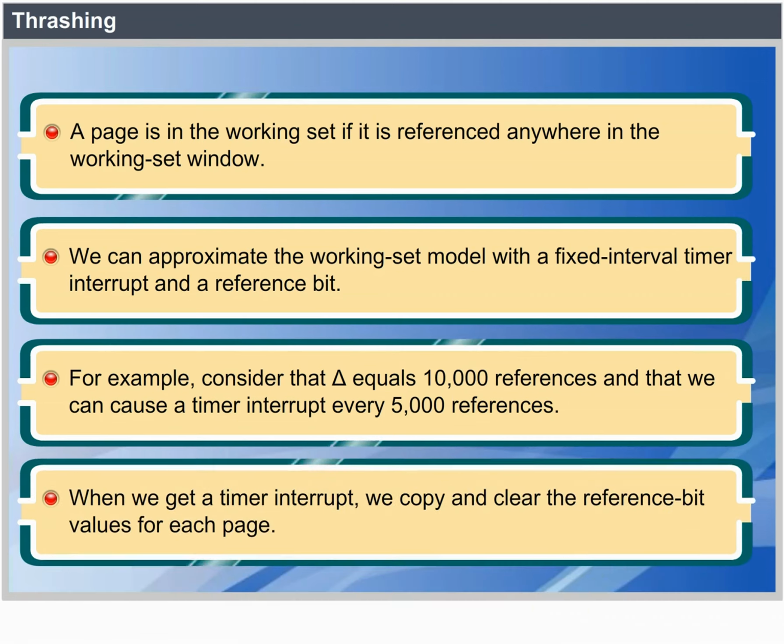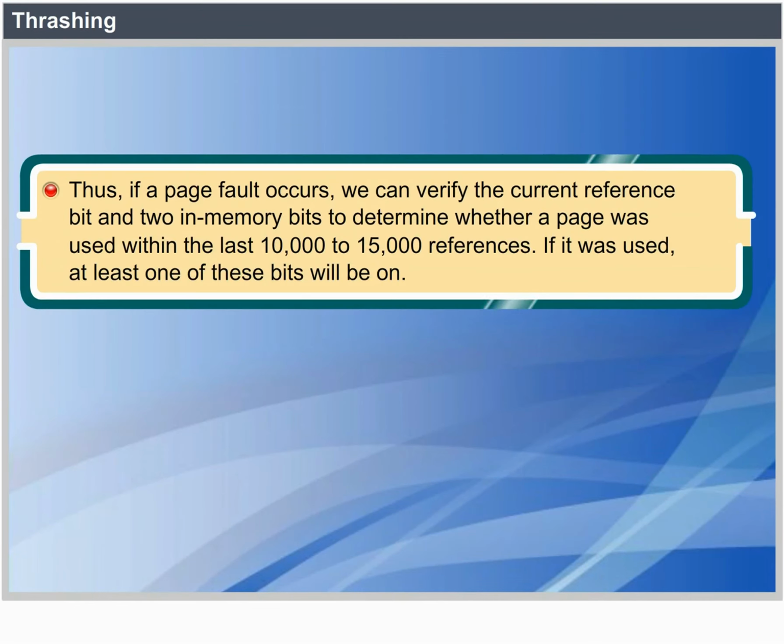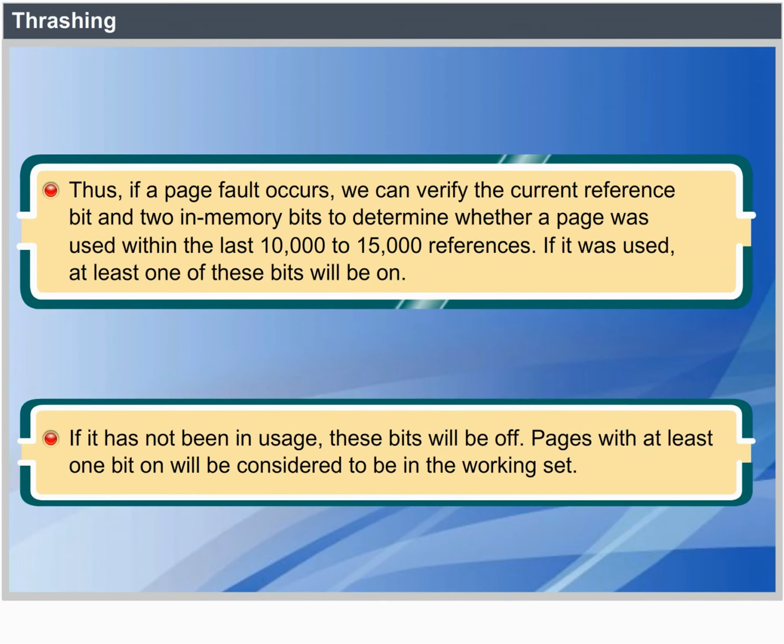Thus, if a page fault occurs, we can examine the current reference bit and two in-memory bits to determine whether a page was used within the last 10,000 to 15,000 references. If it was used, at least one of these bits will be on. If it has not been used, these bits will be off. Pages with at least one bit on will be considered to be in the working set.